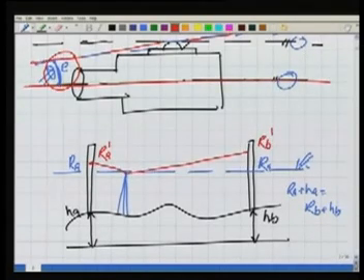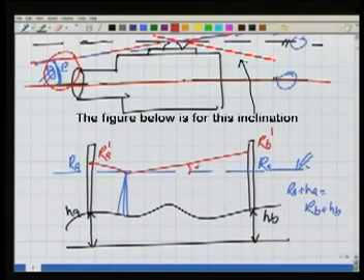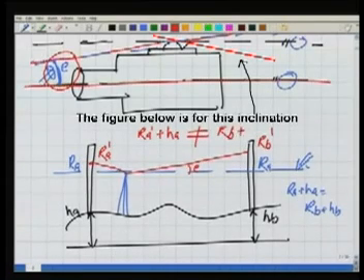Obviously, because of this angle E error, RA dash plus HA will not be equal to RB dash plus HB. If they are not equal, then we cannot determine HB, or if we determine it, HB will be determined with some error.